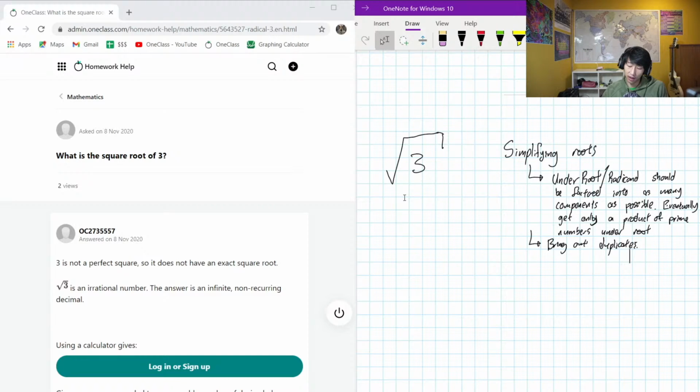I would suggest that you ask your calculator this. So we know that the numerical approximation of this is 1.73, I believe. And it's definitely got a lot more decimals behind it, but that is the approximate number.